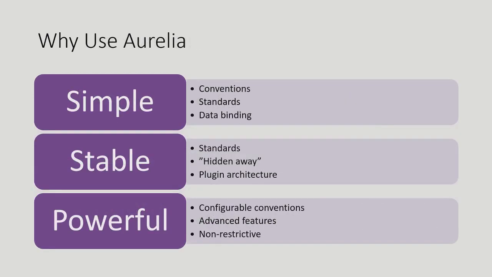And why you would use Aurelia in a wider context for your production applications: the simplicity. Default conventions make it really simple to start development from the application instead of just starting from the framework configuration. And the standards make it easier to learn.